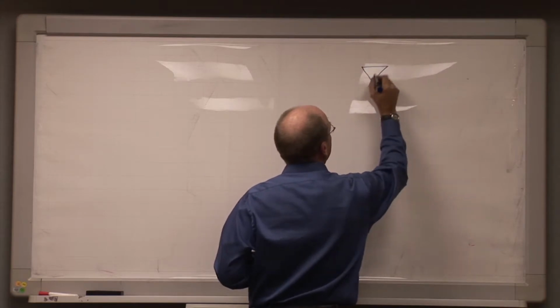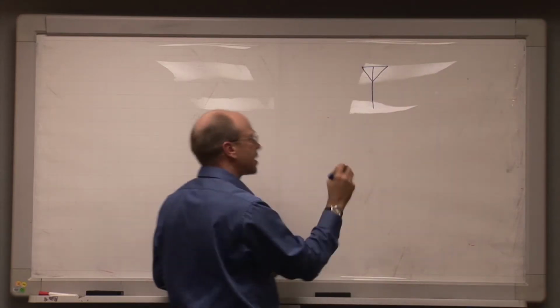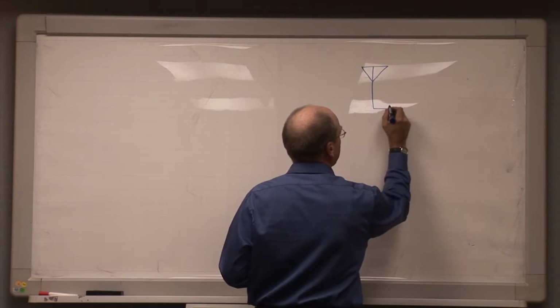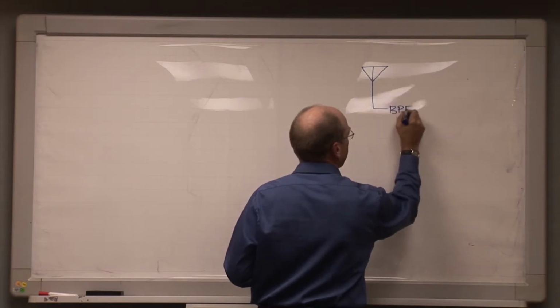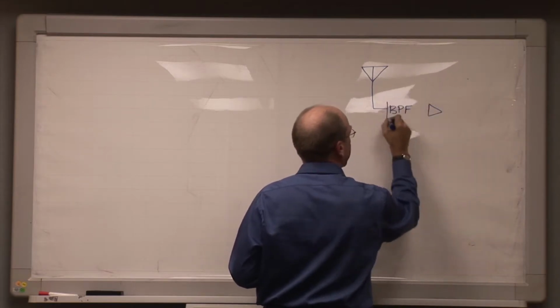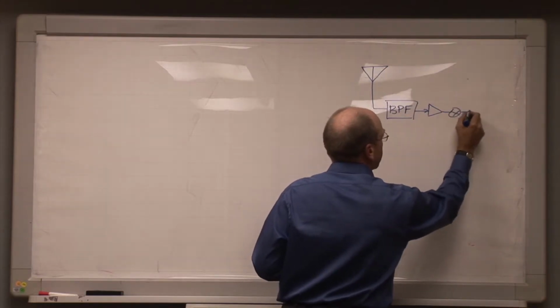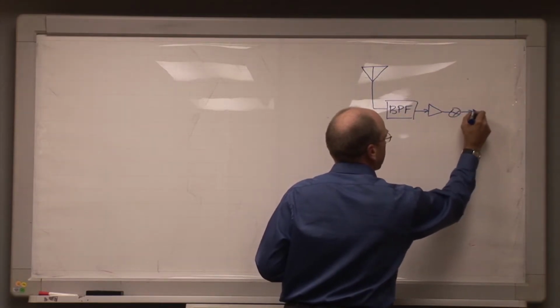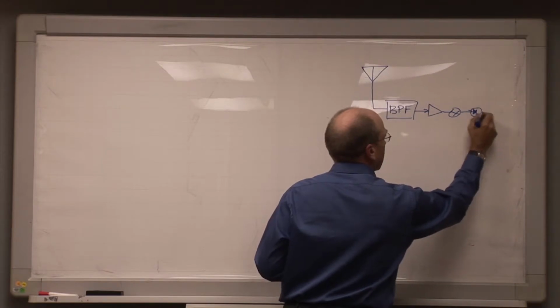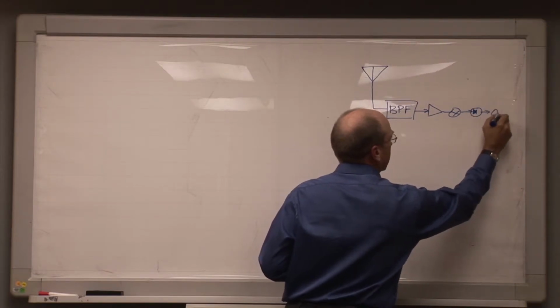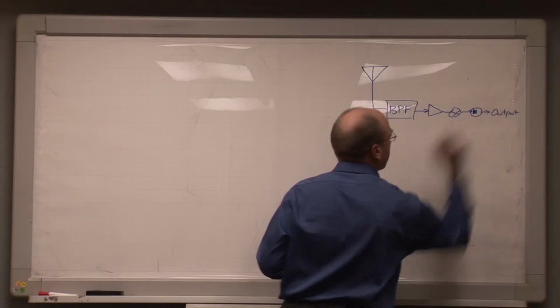We would look first of all at the receiver that's getting the interference, which we'll say maybe has a bandpass filter at the front end, followed by a low noise amplifier, followed by a down conversion stage going into some sort of a detector, and then into some kind of an output like so.